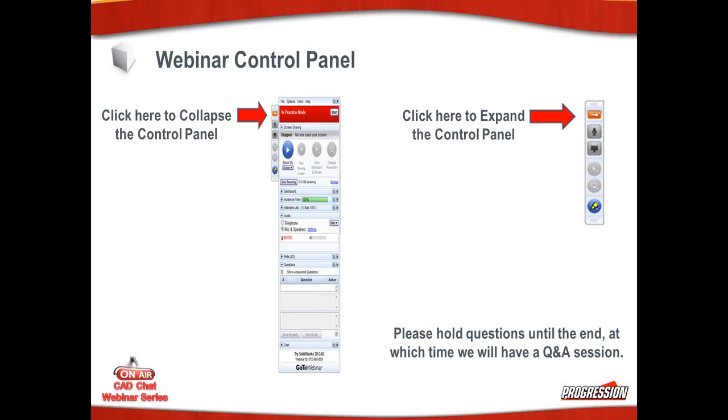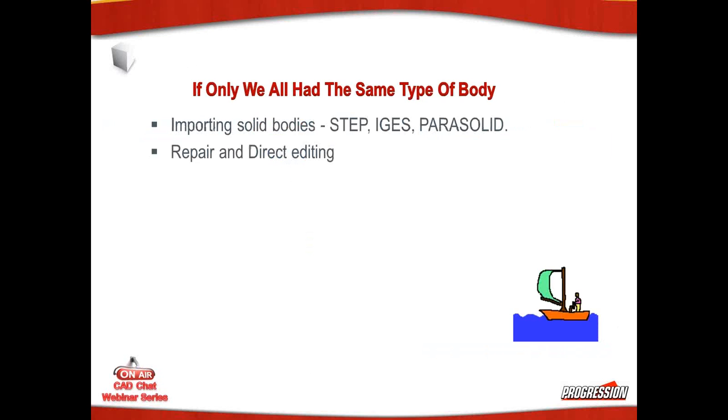All right, then let's go ahead and dive into this and get things started. So what we're going to talk about is importing solids. We're going to look at STEP, IGES, and Parasolids primarily because those are pretty universal. We will take a look at STL files.